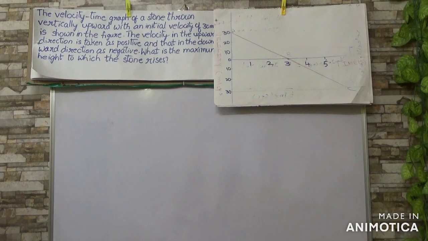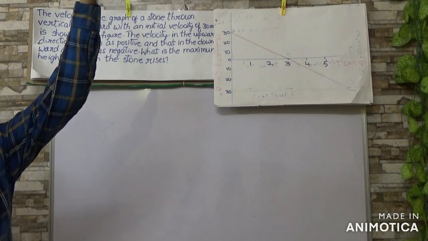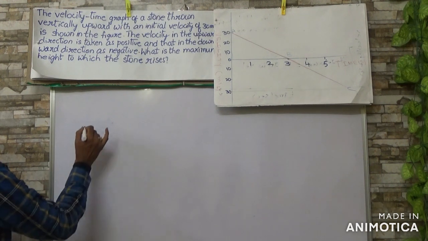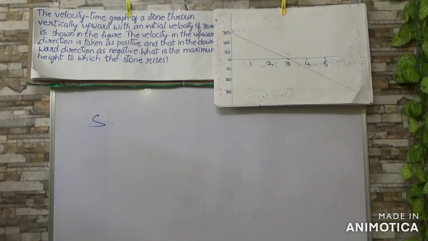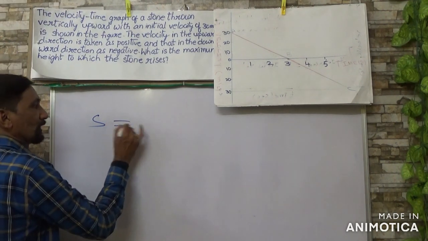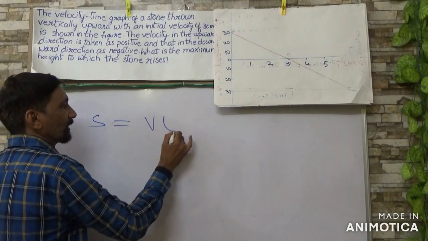You want to find the height raised by the body above the ground. So it is nothing but displacement, the displacement of the body from the ground to that point. Displacement is nothing but the area of the VT graph.